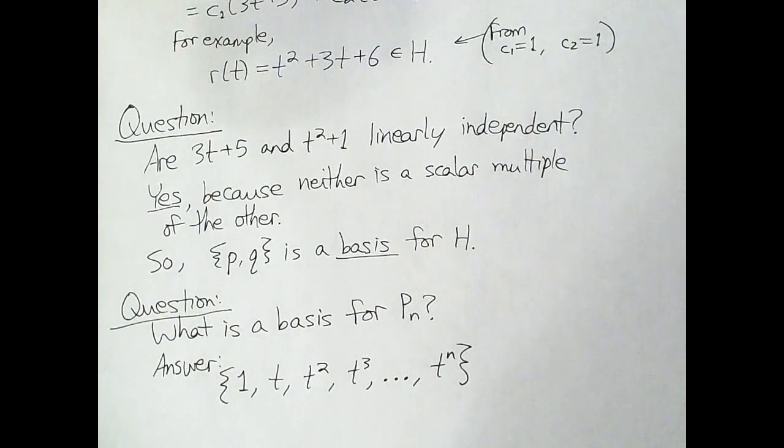That forms a nice basis for Pn, because we're trying to get all polynomials of degree at most n. So take linear combinations of these elements. Doesn't that work out perfectly? Linear combinations of these elements get you polynomials of degree at most n.